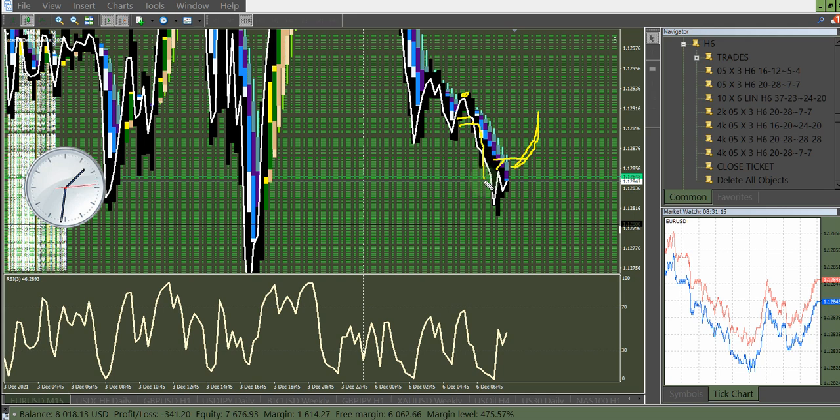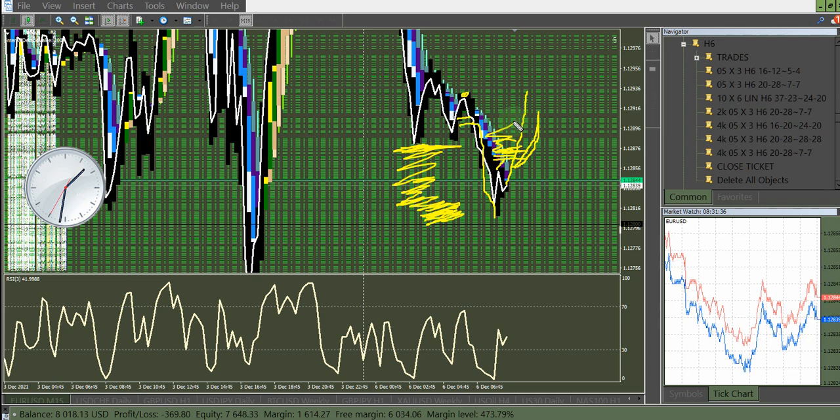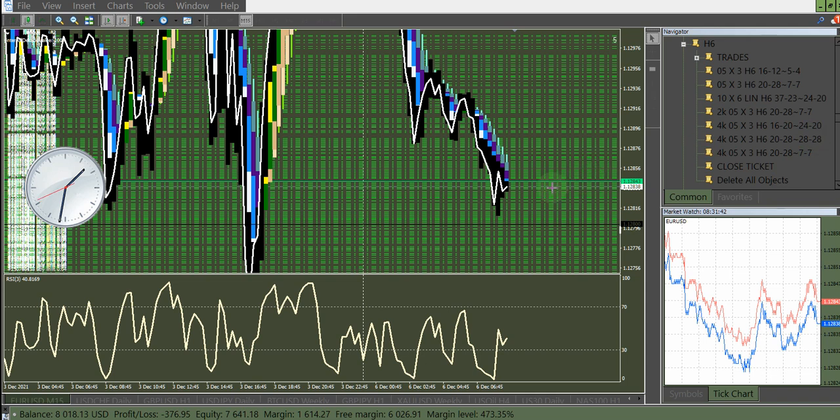There's more sellers, but it's only when they're stop hunting you. If you're short right now and you have sell stops here, yeah, they're going to go after and crush those. But there's people with sell stops here and buy stops here. Not everybody has that same trade going. This is harebrained.